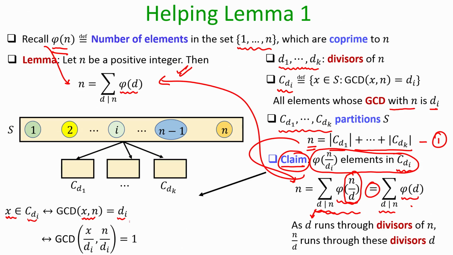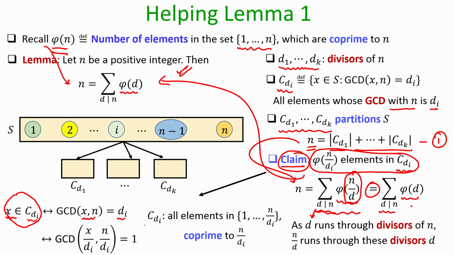Because if the GCD of x over di and n over di is not 1, then how at the first place the GCD of x and n was di. That means only those elements x will be present in the bucket C sub di such that for those x the GCD of x over di and n over di is 1.